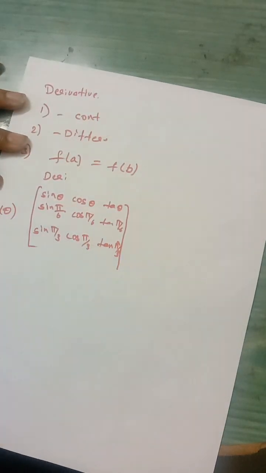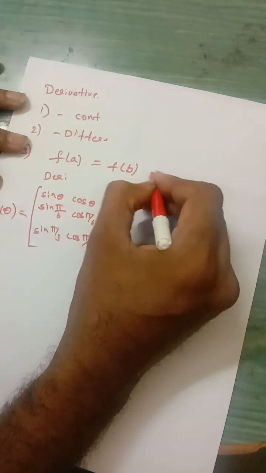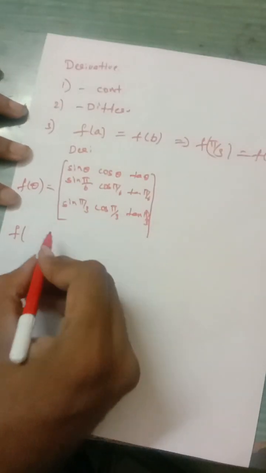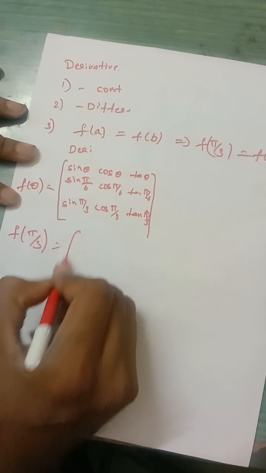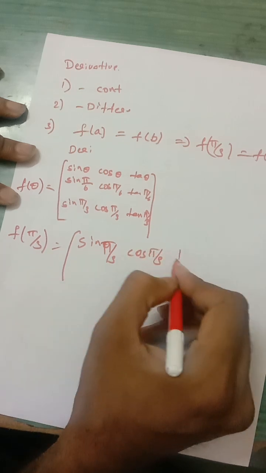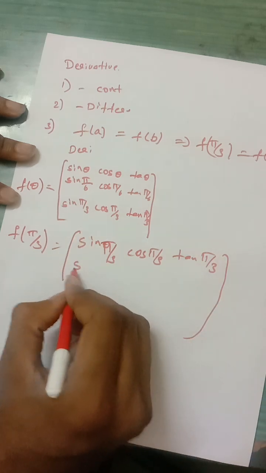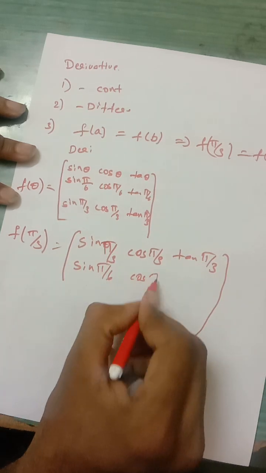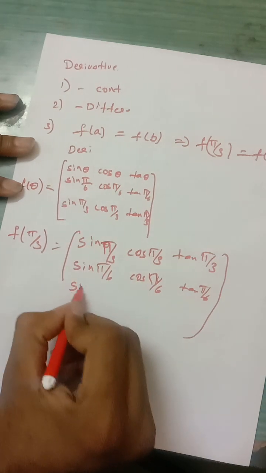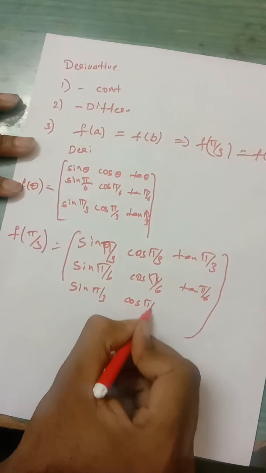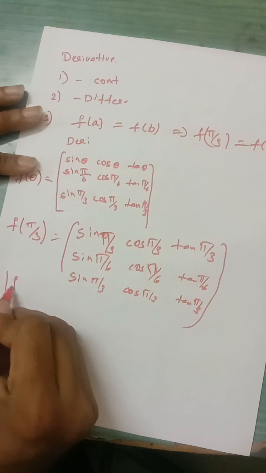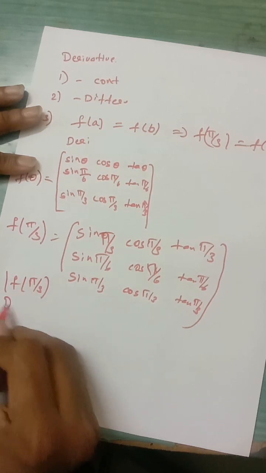This is f(θ). Now f(π/3) should be equal to f(π/6). Putting f(π/3): first row sin π/3, cos π/3, tan π/3, second row sin π/6, cos π/6, tan π/6, third row sin π/3, cos π/3, tan π/3. So we have to find the determinant.